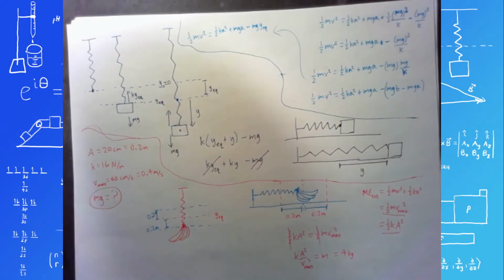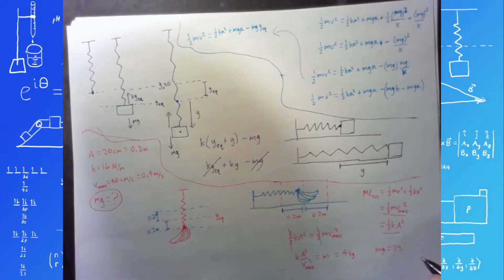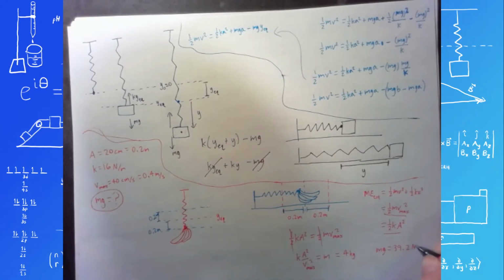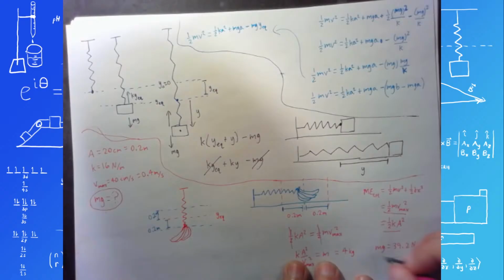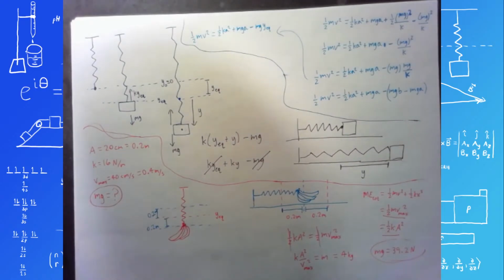And they asked for the weight of the bananas in newtons, so multiply by g. 4 times 9.8 is going to be 39.2. mg is equal to 39.2 newtons. And I know that 4 times 9.8 is 39.2 because I've been doing physics for way too long.